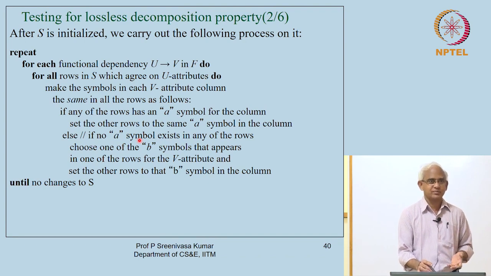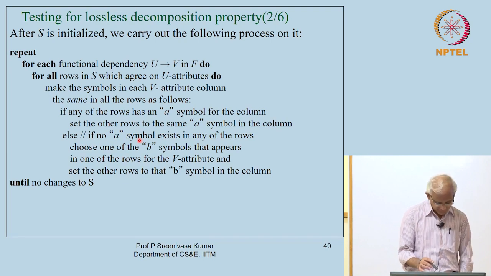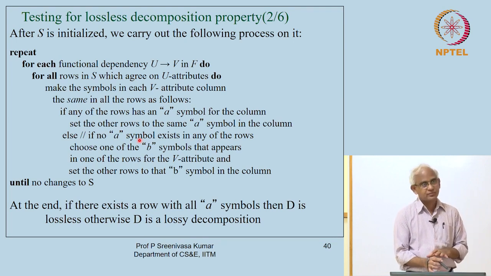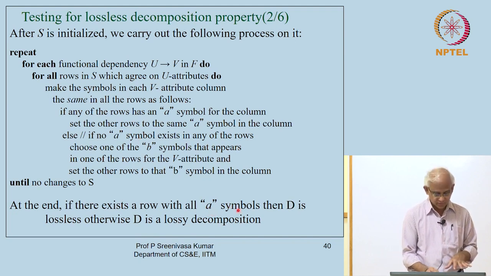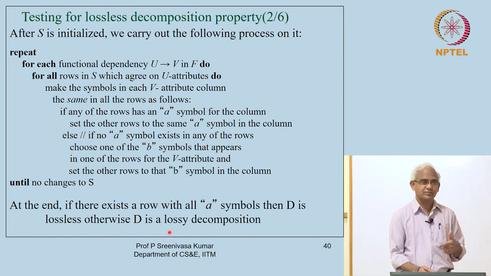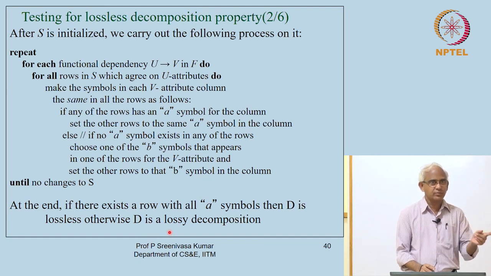This almost looks like some kind of magic algorithm. What you do at the end is check whether there exists a row with all A symbols. If so, then the decomposition is lossless, otherwise the decomposition is lossy. I urge you to take that example and try this out.